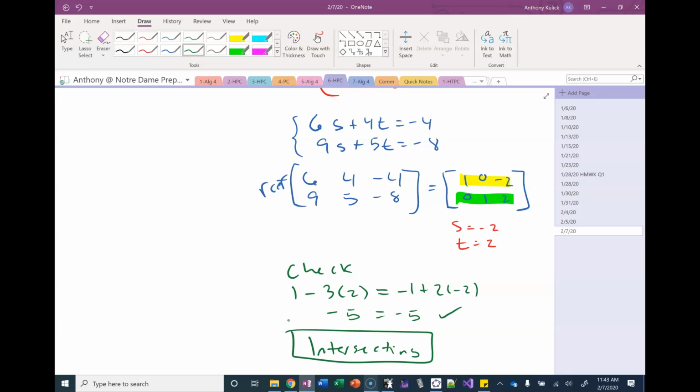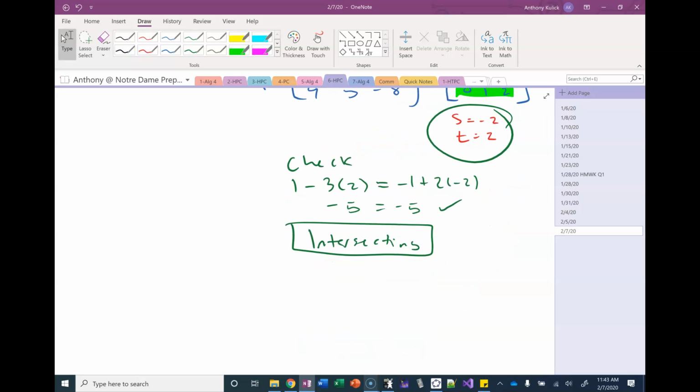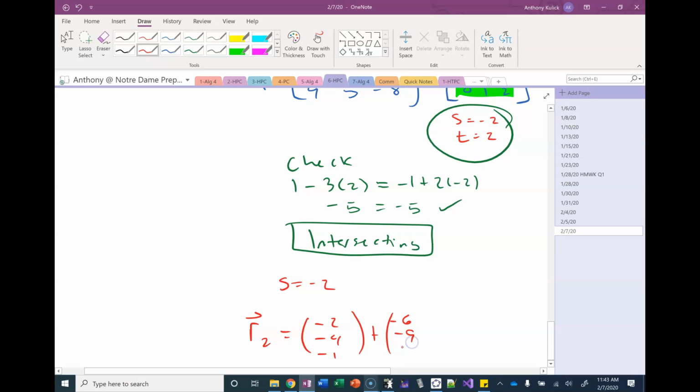To find the point of intersection, all I need to do is take either the S or T and plug it back into the appropriate equation at the very beginning. So to do that, real quick here, let's say I use S equals -2. So I'd have R2 equals -2, -4, -1, plus -6, -9, 2, times -2.